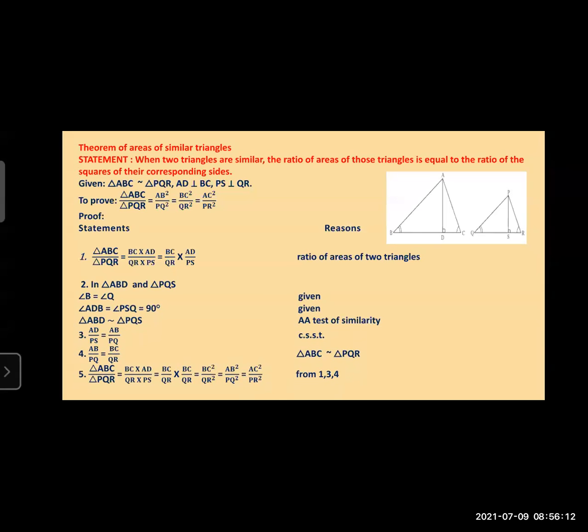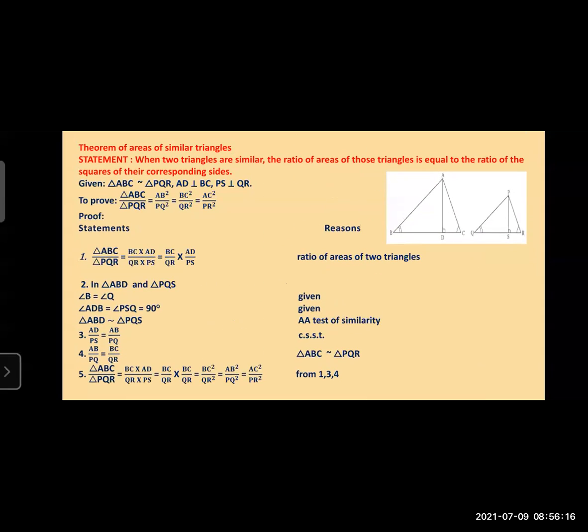The statement is: when two triangles are similar, the ratio of the areas of those triangles, meaning similar triangles, is equal to the ratio of the squares of their corresponding sides. So first we write, here we consider two triangles, triangle ABC and triangle PQR.